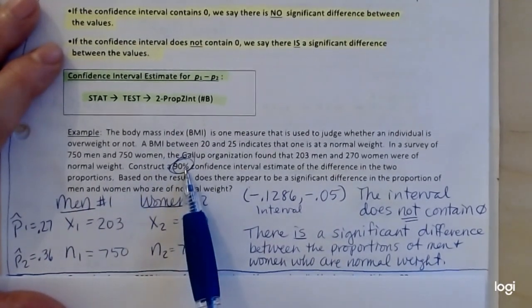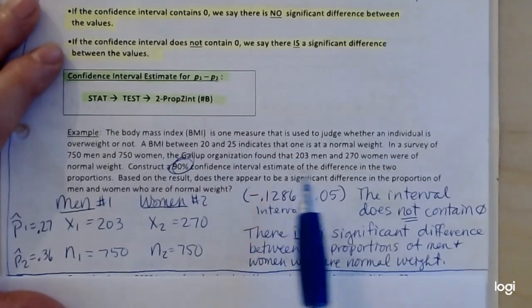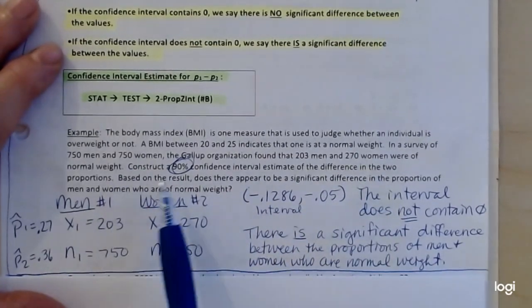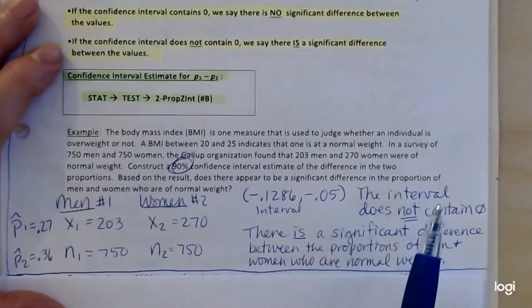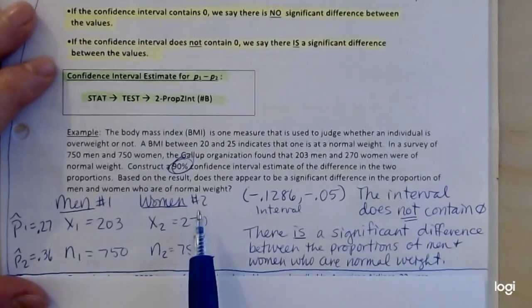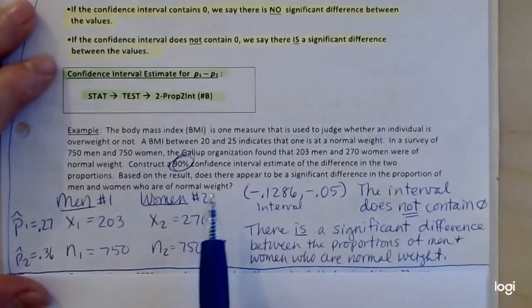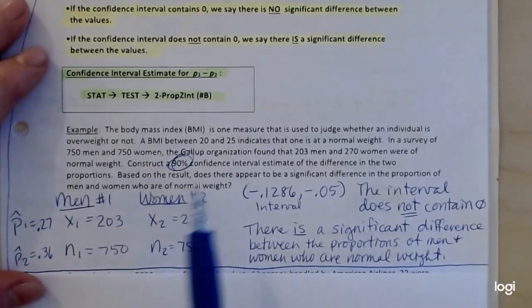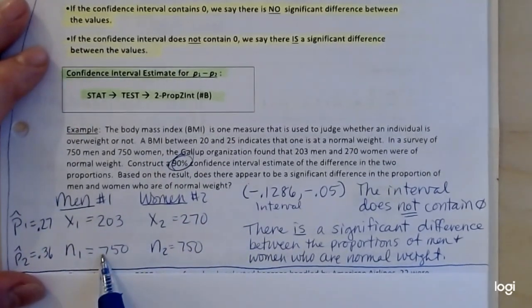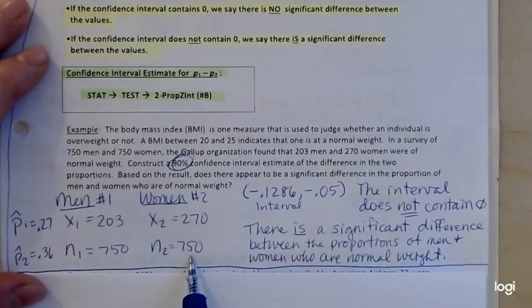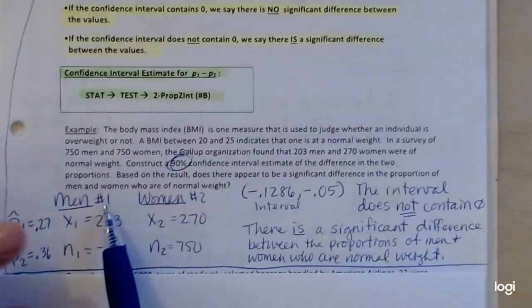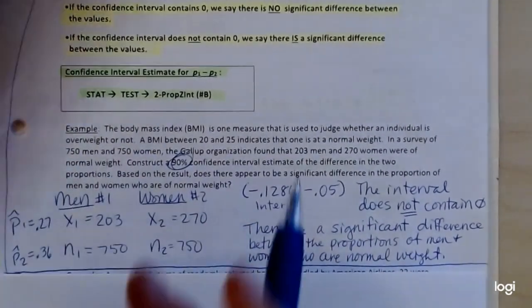Construct a 90% confidence interval estimate of the difference in the two proportions, and based on the result, does there appear to be a significant difference in the proportion of men and women who are normal weight? So for the men, we've got 203 out of 750 were normal weight, and for the women we have 270 out of 750, and the men are number 1 and women are number 2.